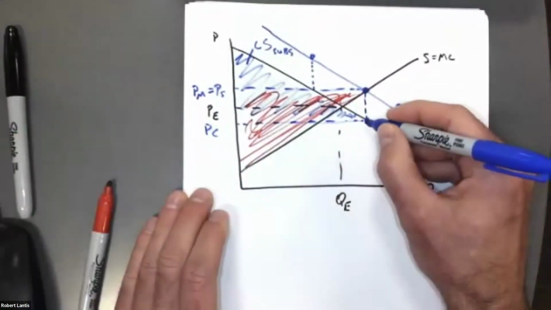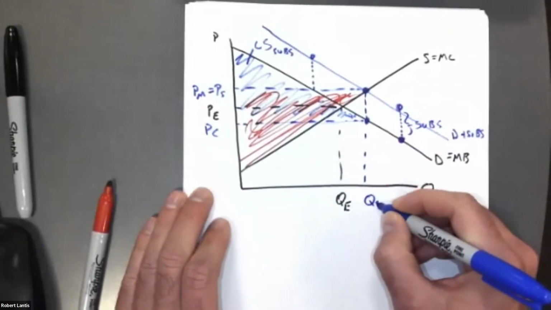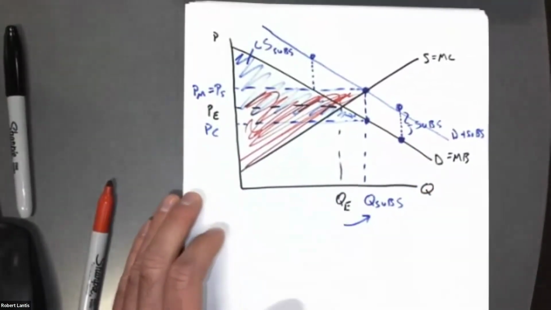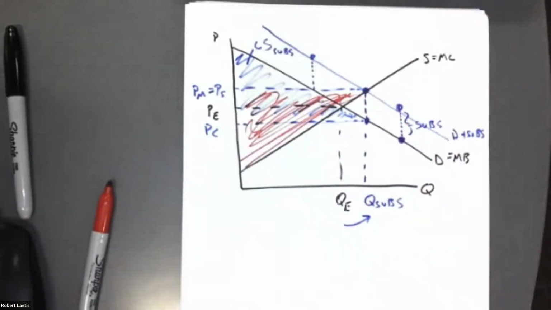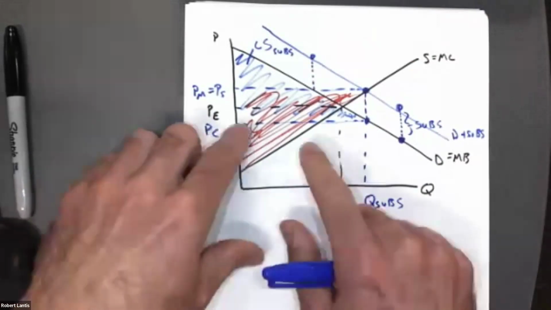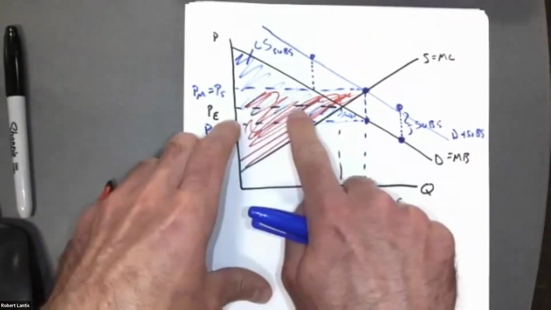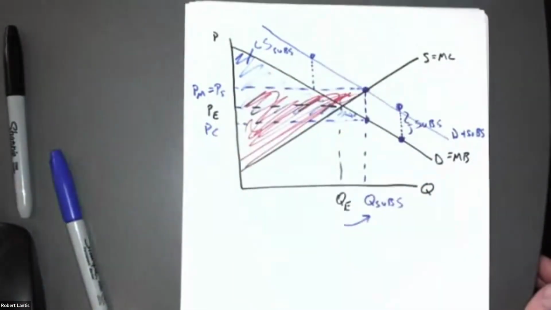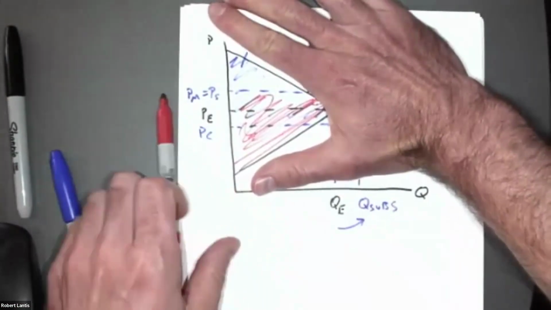So notice with a subsidy, what happened to the quantity sold in the market? It actually went up. So we've got some overlap now that we didn't have in the tax examples. You can see here I've got a red and blue shaded area. It's almost like this is being double counted. But this was what total surplus was before.